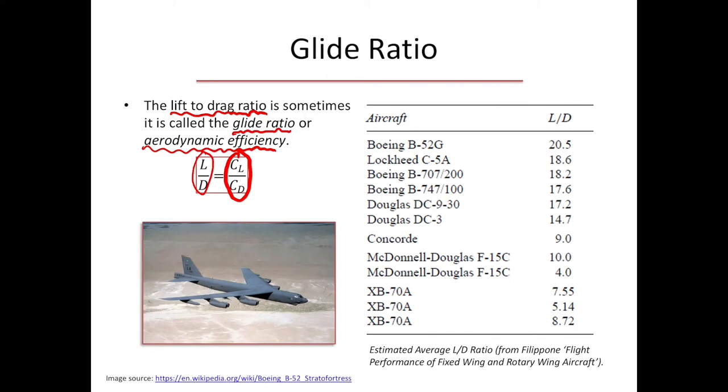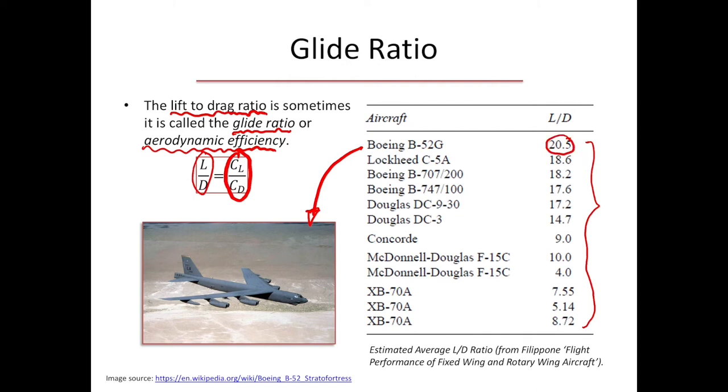So you can see a range of lift to drag ratios here on the right hand side in this table. These are approximate lift to drag ratios, but you can see the range that we're talking about. So for the B52G, which is pictured here, you can see there's quite a high lift to drag ratio of 20.5.